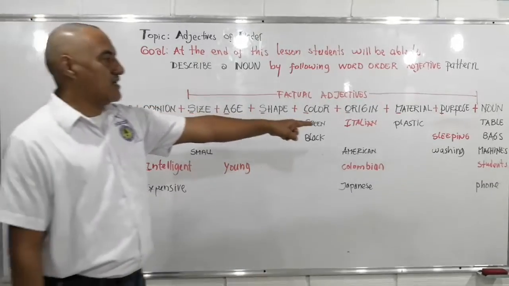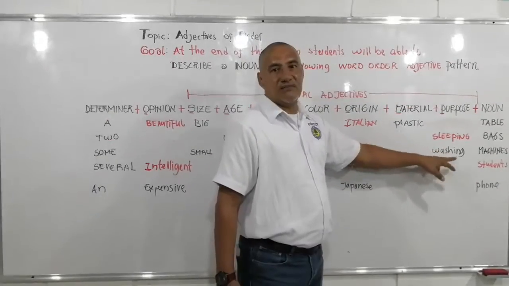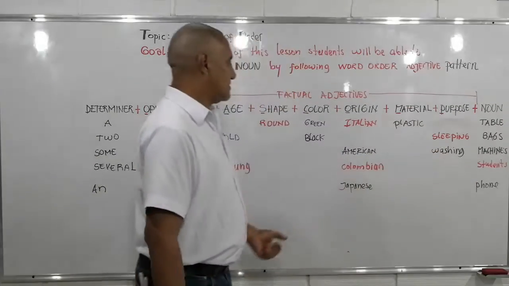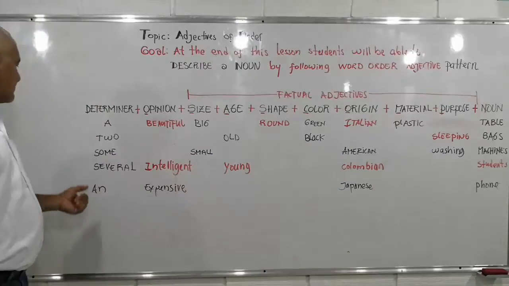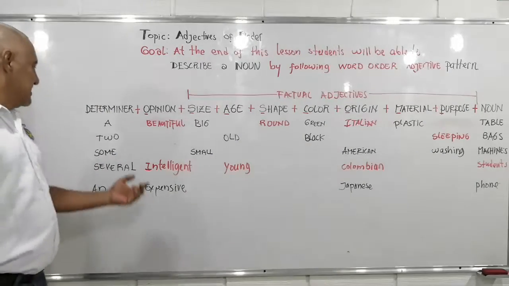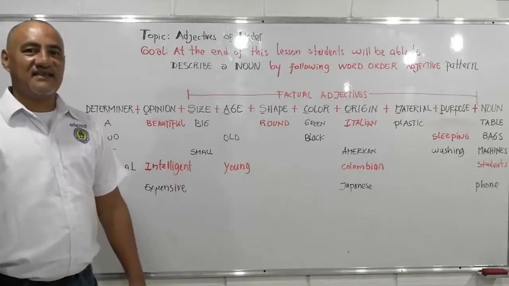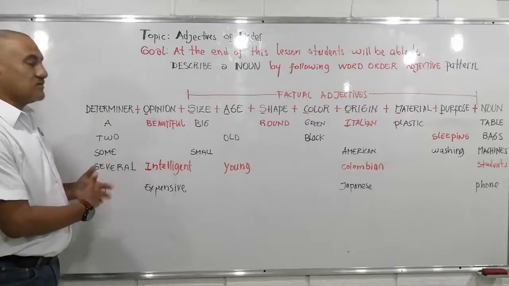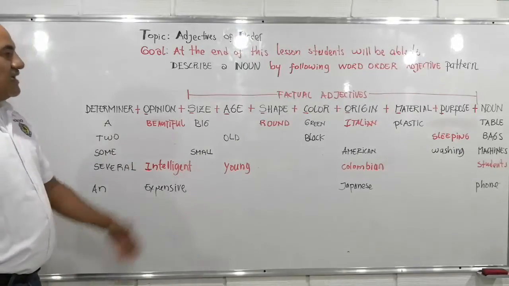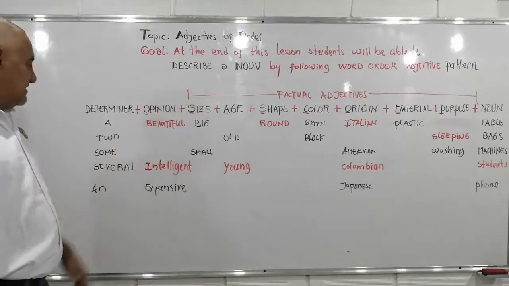Washing machines. Now see here we have the purpose. Lavadoras, máquinas para lavar. Ese es el propósito. Alright? In my class, there are several intelligent young Colombian students. Alright? Tengo muchos estudiantes de nacionalidad colombiana, jóvenes y muy inteligentes.